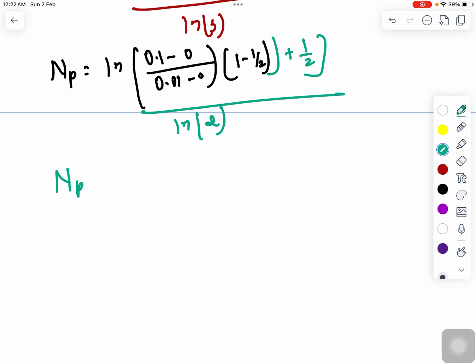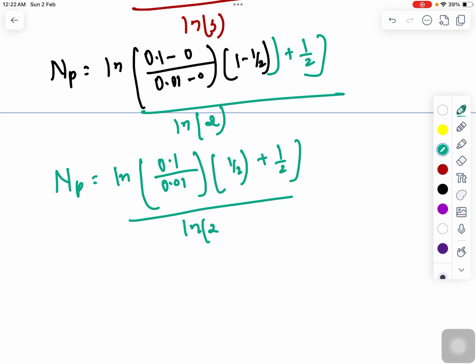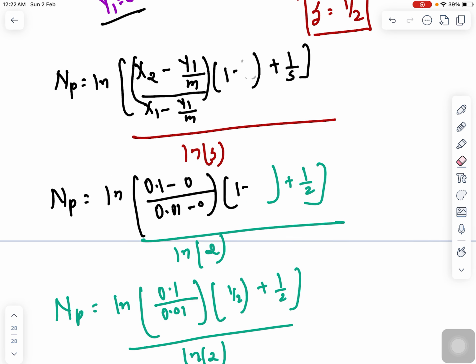Sorry, in the formula it will be S only: 1 minus S plus S, so that is 1 by 2.